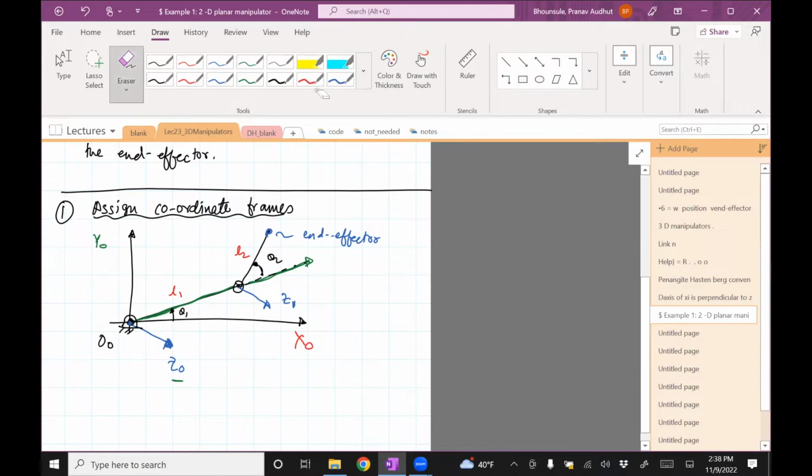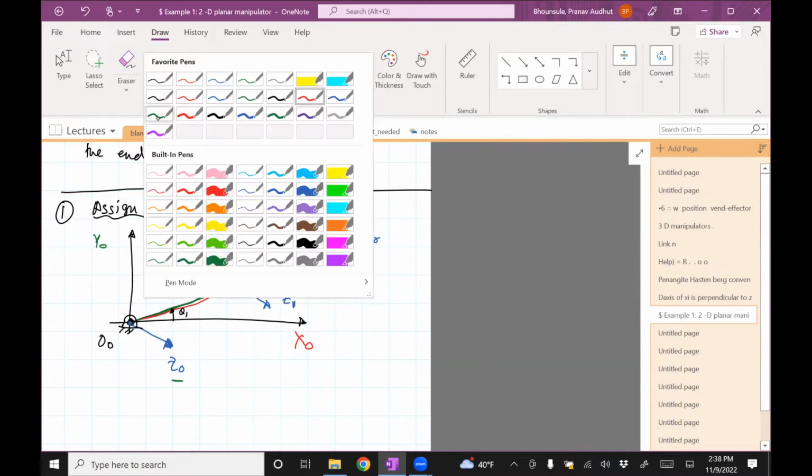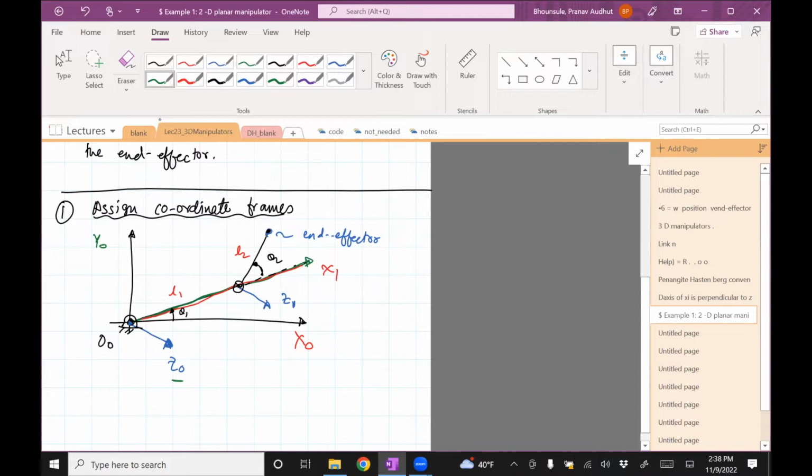So here's this. These are x1. So the only way we can achieve the right-hand rule is to have y1 this way, so that when you curl your finger from x to y, your thumb gives the direction of z1. Okay, so in this case, we are done with the first three steps.